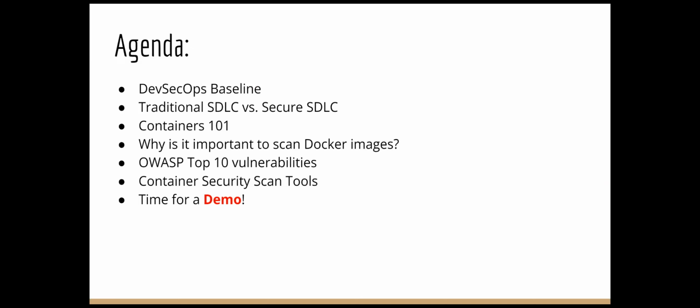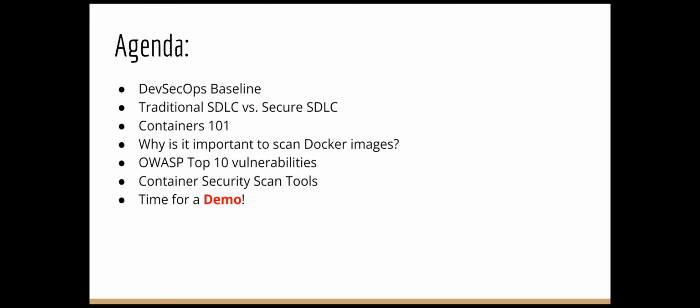We are going to cover the agenda in today's theoretical explanation, that is DevSecOps baseline, what a DevSecOps professional does on a daily basis, a day in a DevSecOps professional's life. Then we are going to compare traditional software development lifecycle with secure development lifecycle. We are going to look at containers 101. Why is it important to scan Docker images?